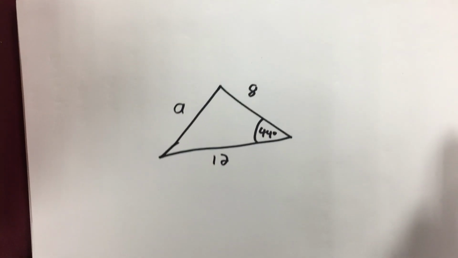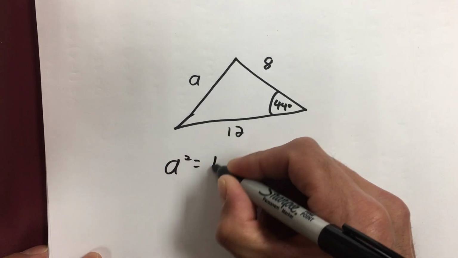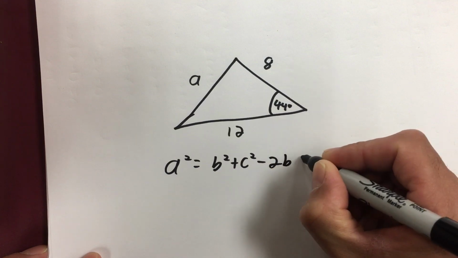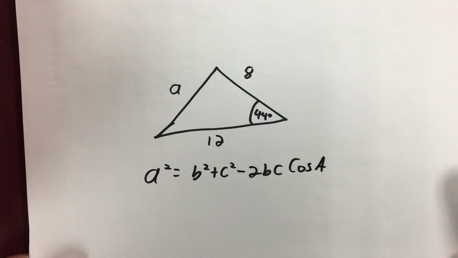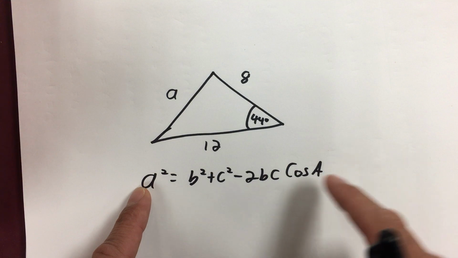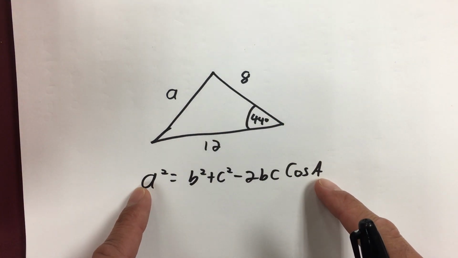So I'm going to write down the cosine law. Cosine law is a squared equals b squared plus c squared minus 2bc times the cosine of A. Now something to notice here, the side length by itself is across from the angle that you're taking the cosine of.